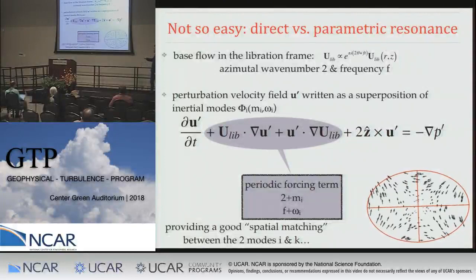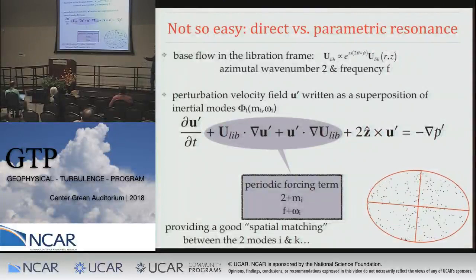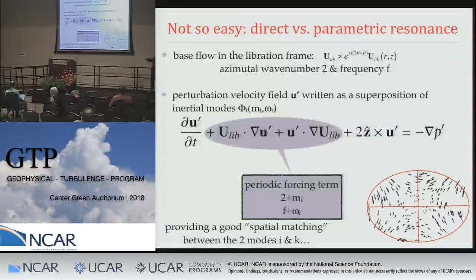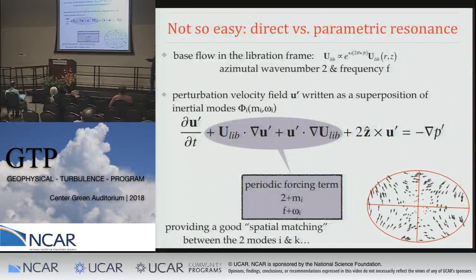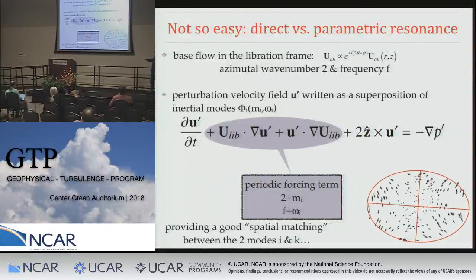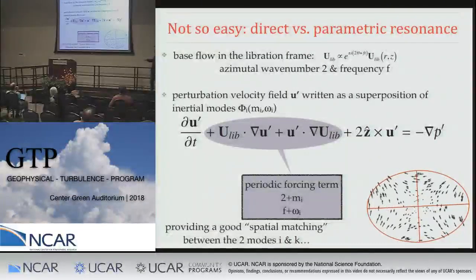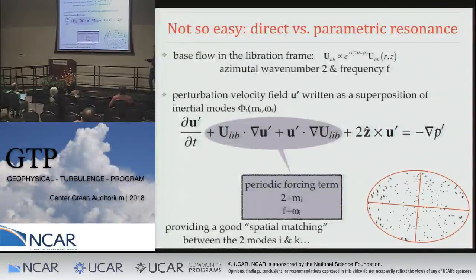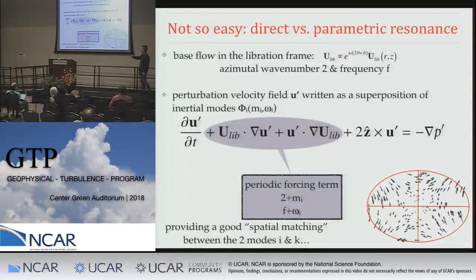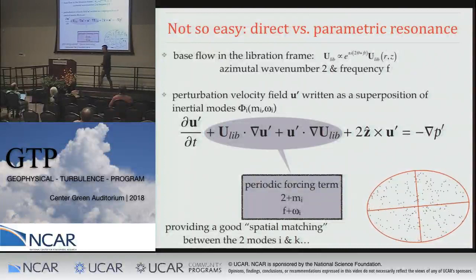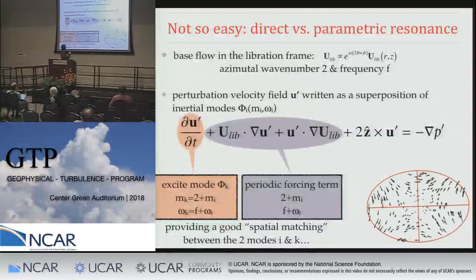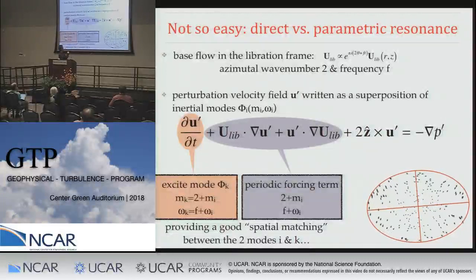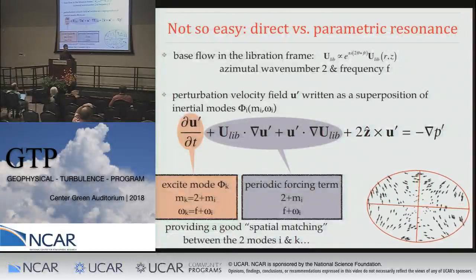Then the nonlinear term between the libration base flow and some mode, let's say i, will generate a forcing term with an azimuthal wave number 2 coming from the base flow plus m_i, and a forcing frequency f plus omega_i. So that might force a mode, let's say a mode k, which will have resonance frequencies and azimuthal wave number.